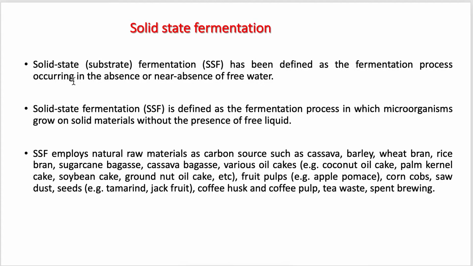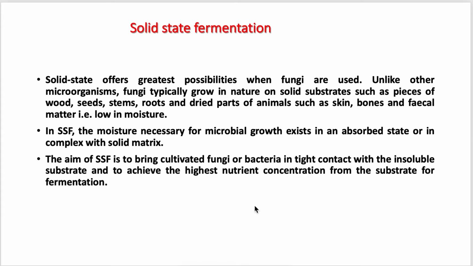Various natural raw materials are used as carbon source, such as barley, wheat bran, rice bran, sugarcane bagasse, various oil cakes, fruit pulps, coffee husk pulp, etc. All kinds of microbes can be used, like algae, bacteria, or fungi.